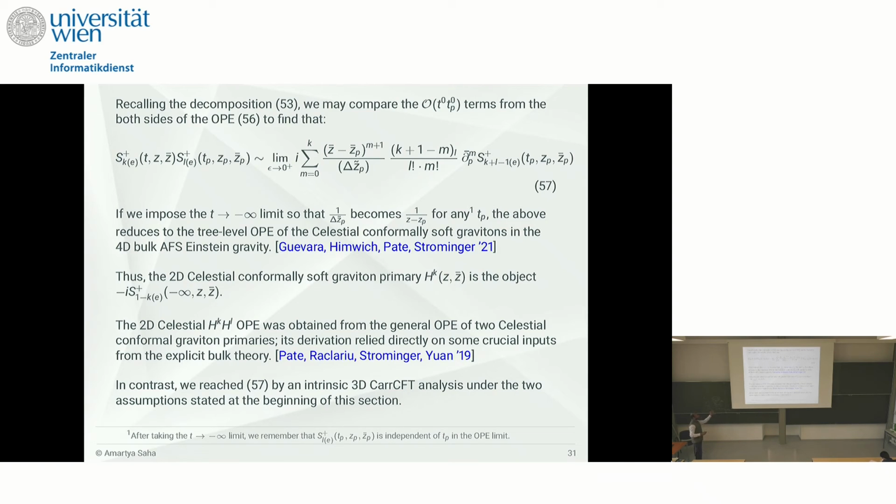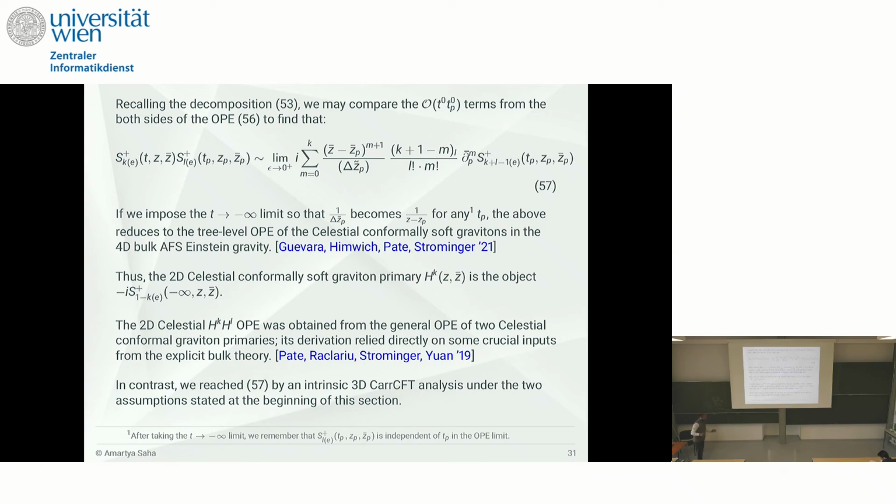Okay, so just want to point out that this HKLOP, as was done in the celestial CFT case, was obtained from the general OPE of two celestial conformal graviton primaries, but the derivation of the celestial conformal graviton primary OPE was relying itself on some inputs from the explicit bulk theory.